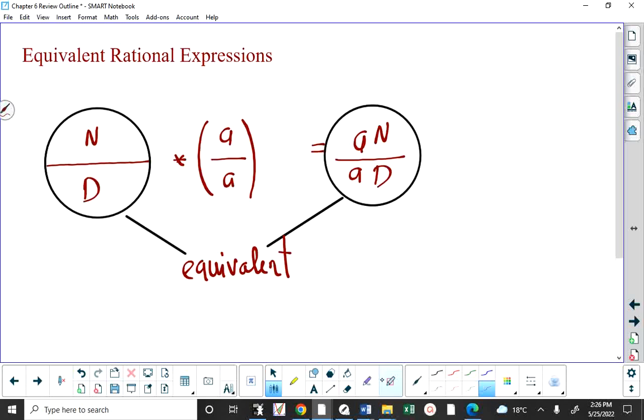We didn't talk about this at the time, but if you take one of the rational expressions that's more complicated and simplify it, you have to get the other one, right? Because if I factor this, I can cancel the a's, and I get the same thing. So there's lots of ways to talk about equivalent rational expressions, but the bottom line is, you know that when you add factors to the top and the bottom, or you take them away from the top and the bottom, you still have the same expression. It has a different appearance. It has a different mask on.